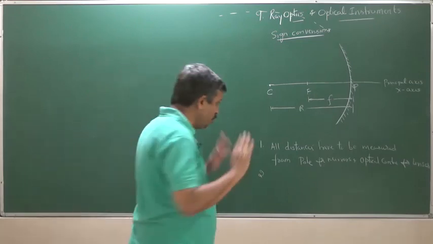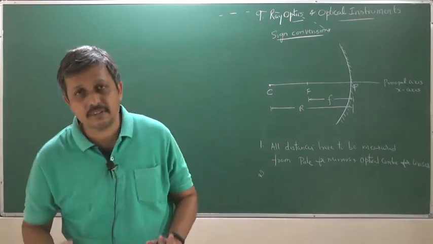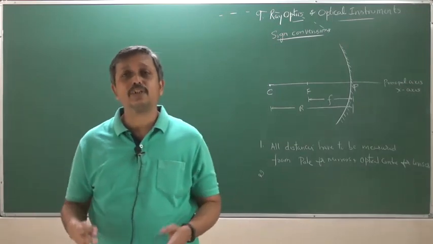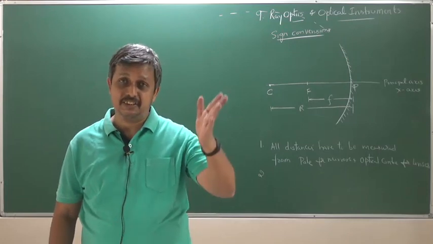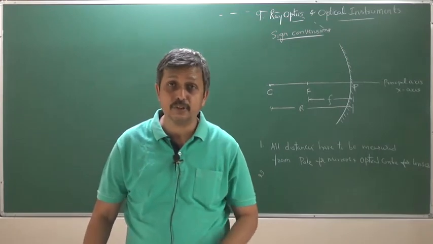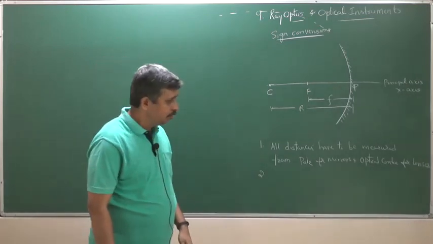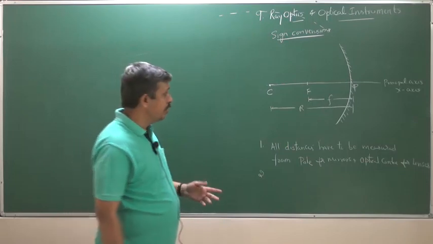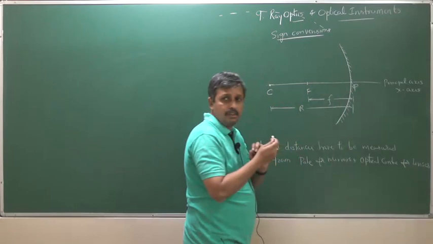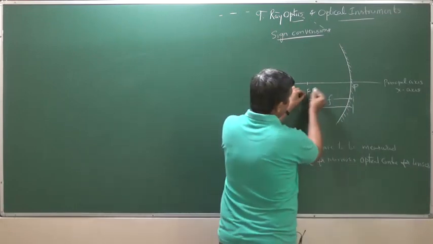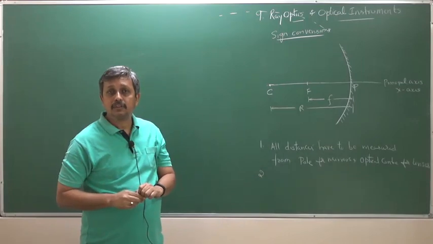But only in the case of lenses and mirrors, for some obscure reasons, people have figured out that you have to measure distances using their direction. Distances have some direction. The reason is very obvious, we'll come to know. So if there is something here, some distance FP I want to measure, if you are measuring from F to P, it is one direction.